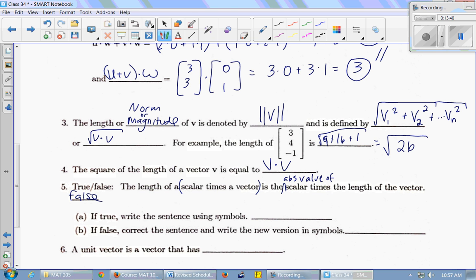So if false, write the new version in symbols. The length of a scalar times a vector, the length of cv, is equal to the absolute value of c times the length of v.